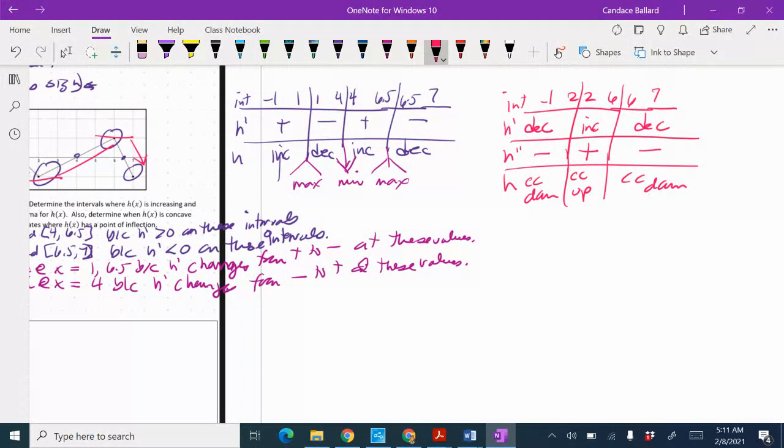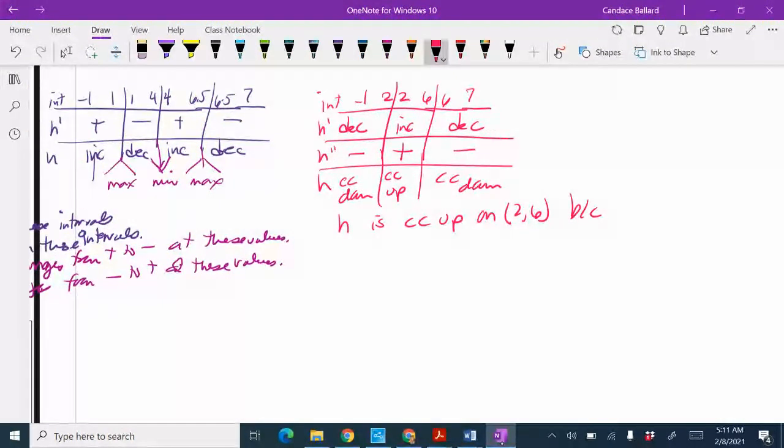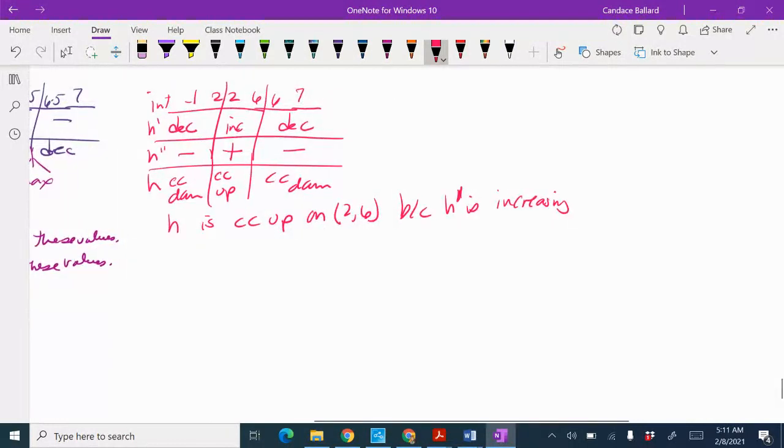All right, so let's write out these sentences. So h is concave up on 2 to 6 because h prime is increasing on this interval.